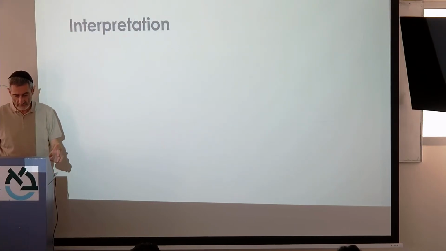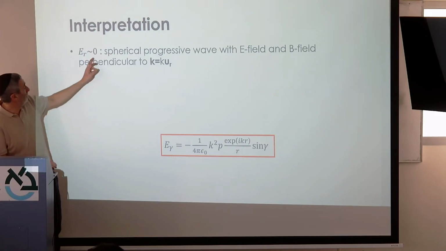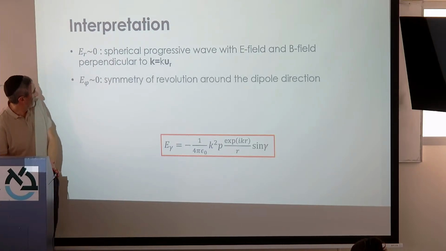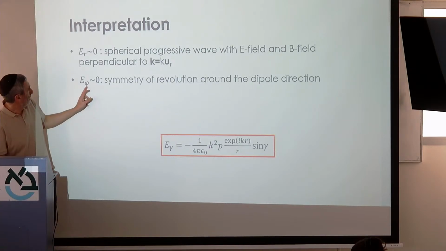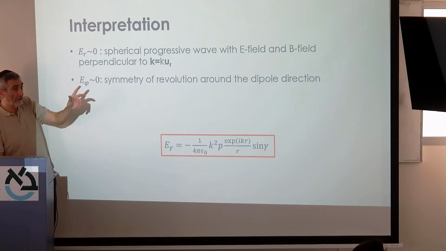Let me just click here. Just to interpret this equation: the fact that E of R vanishes tells you that you have a spherical wave with E field and B field perpendicular to K. There is also the other angle in the spherical coordinates.